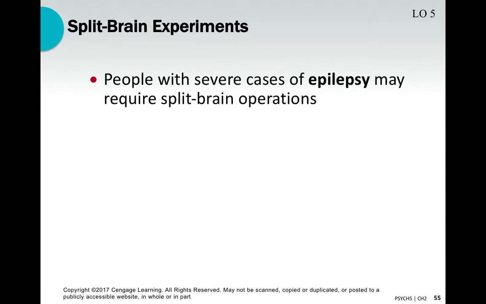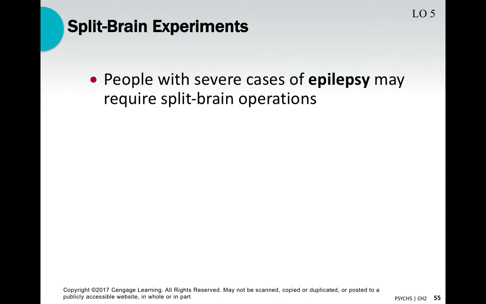I want to talk about one last thing before we wrap up our discussion on brains, and that is a thing called split brain procedures. You can, in fact, split the human brain right down the middle and not die, as surprising as that may sound. It is a form of treatment used for people who have severe epilepsy who do not respond to other medications or treatments.